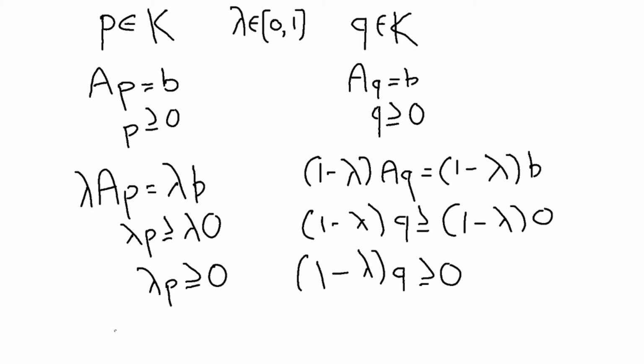And what I'm going to do on the next slide is add these two things together and show you these two lines here. Add them together to get an equation that we will show satisfies the requirement of the point lying on the line between P and Q, parameterized by lambda, being in the set K. And we'll look at these to get a similar non-negativity requirement.